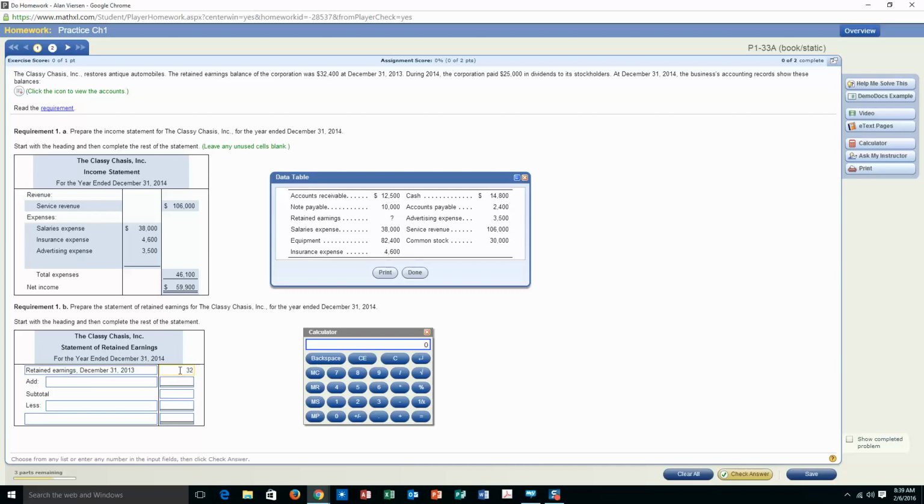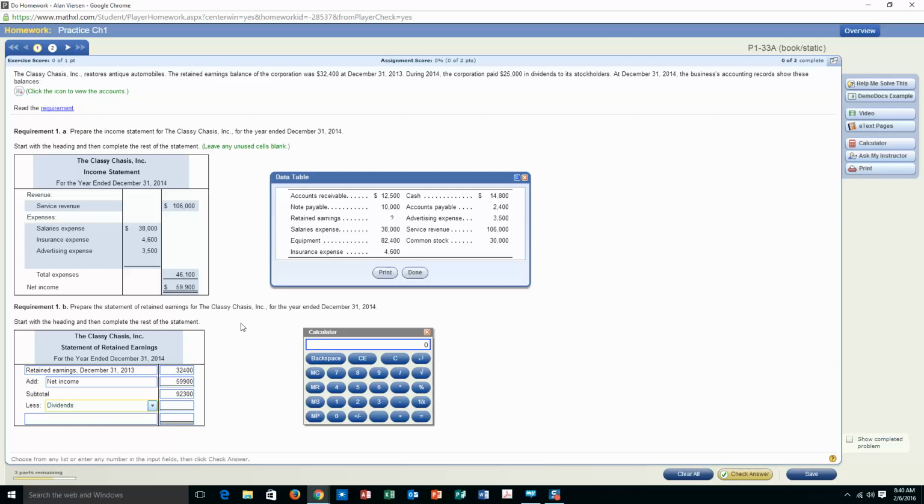So I'm looking, this says $32,400. I add to that the net income, which I found when I did my income statement before. My subtotal is going to be $92,300.